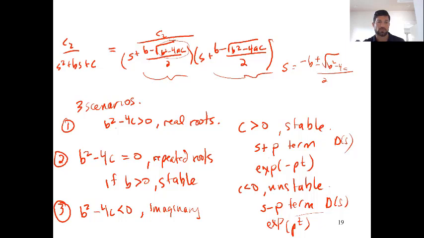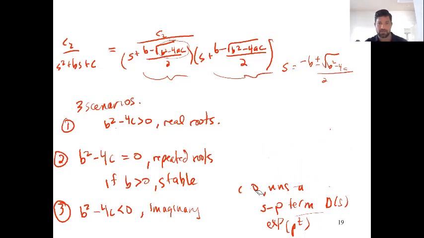The dynamics of the process will have oscillations, because there's going to have to be some sort of sine root to the system. Okay, so we still need to decide the stability if there's imaginary roots.